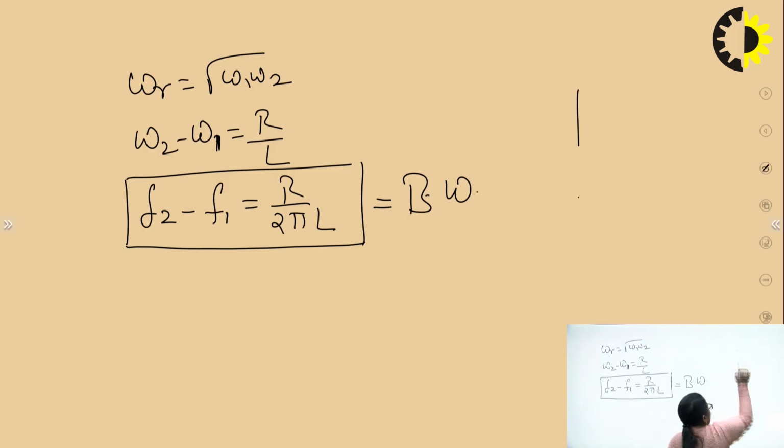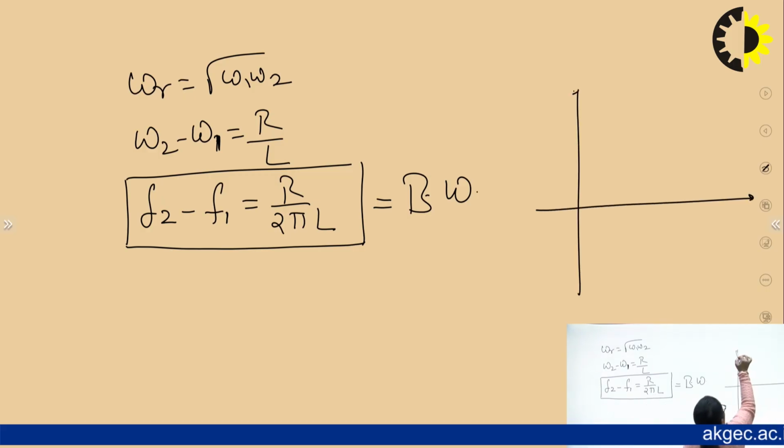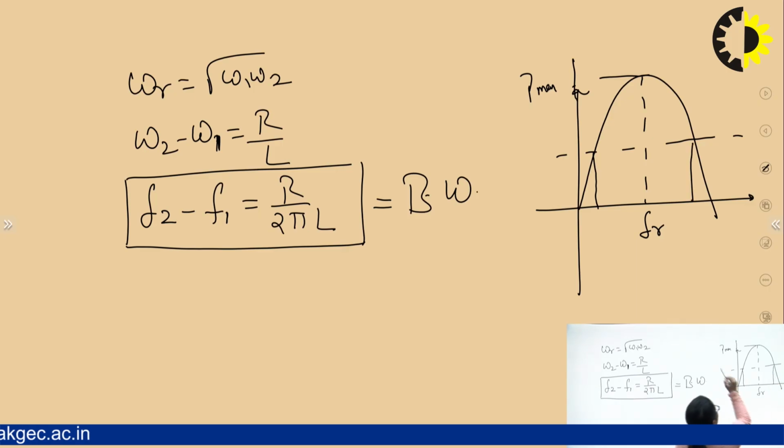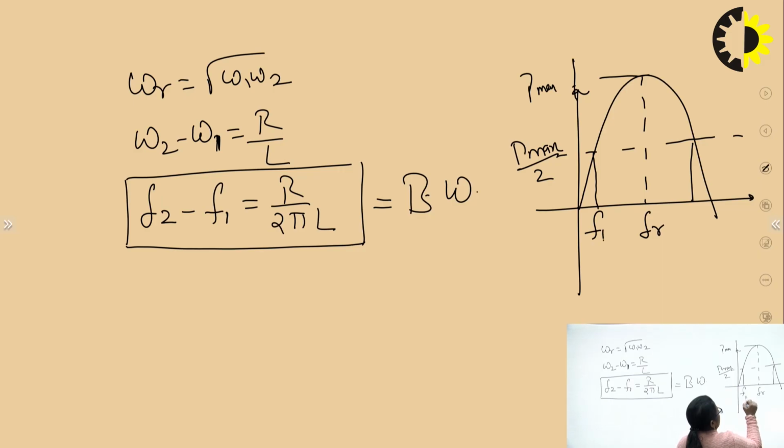What are the two if bandwidth? If at all I go with the power graph, if this is the maximum power which is occurring, we just see at resonant frequency, right? At the half power points where the maximum power is being halved, we will be having the two cutoff frequencies, F1 and F2.